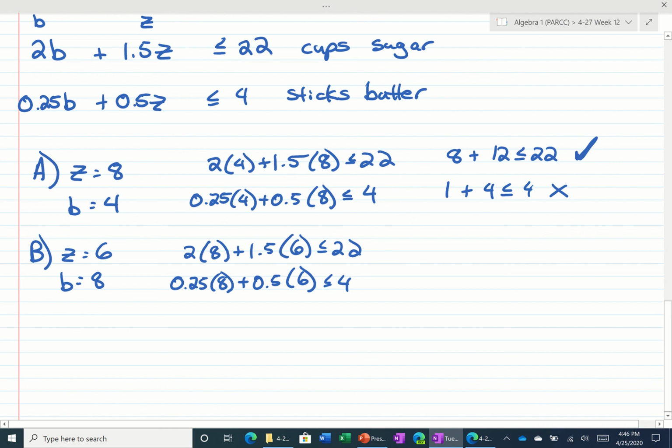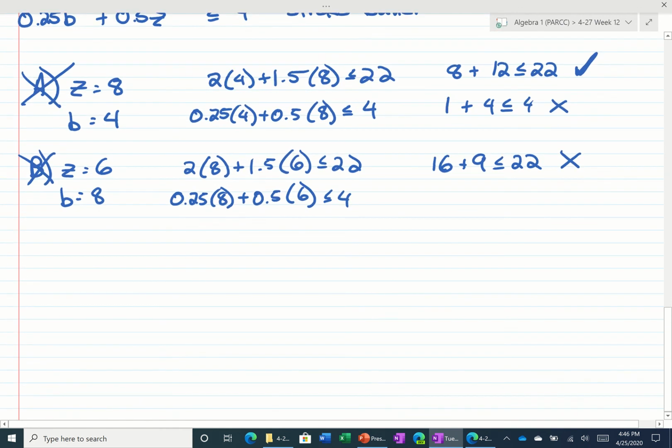For the first one, we're going to have 16 plus 1.5 times 6 is 9. It's less than or equal to 22. Well, that's not true, so A is no good and B is no good. Let's try, maybe C is going to work. C says Z is equal to 2 and B is equal to 12.